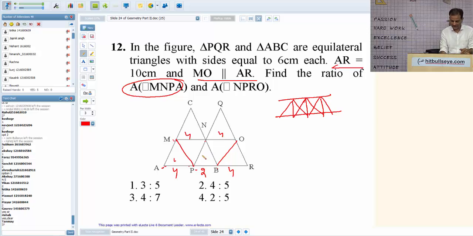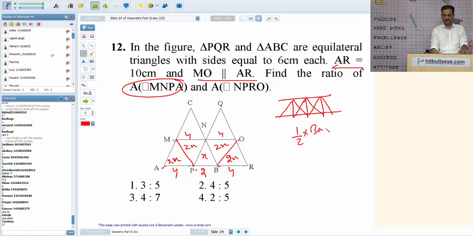Now if I take this area as x units for triangle NPB, then the base of triangle OBR is double, the height is the same, so this area will be 2x. Again the same area will be 2x. Is it clear to everyone? Because if the base is double, what is the formula?